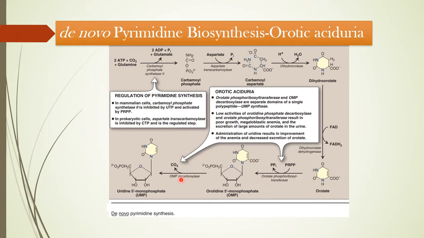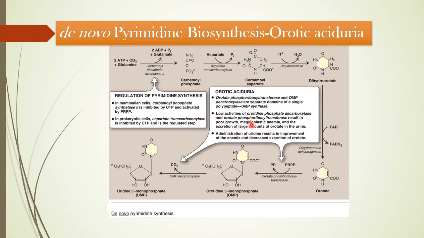Whenever UMP synthase is missing, then UMP cannot be formed. If UMP cannot be formed, then the other pyrimidines like cytidine monophosphate or thymidine monophosphate and others cannot be formed, and thus pyrimidine biosynthesis is affected. Now, defective pyrimidine synthesis may result in poor growth.